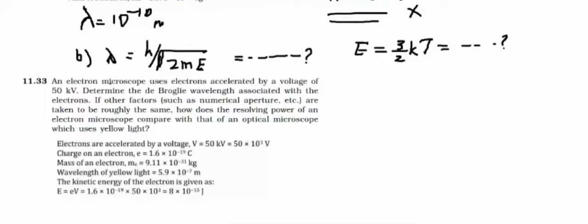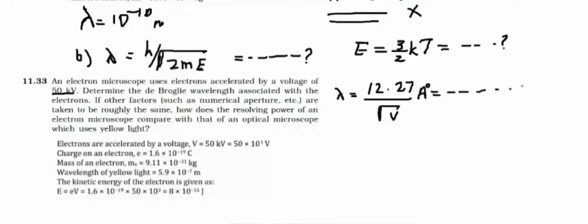Then next question 33, an electron microscope. Electrons are accelerated through 50 kilovolt. Now the question: how does the resolving power of an electron microscope compare with that of an optical microscope, which uses yellow light? Here also, first we can calculate the de Broglie wavelength of the electron. In this case, lambda is equal to 12.27 divided by root V angstrom.